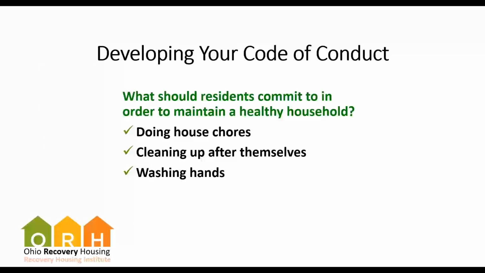So what are things that you want them to agree to do to make sure that home is well maintained and that everything is healthy for others? That means things like doing house chores, cleaning up after themselves, agreeing to wash their hands, and participating in basic hygiene, so that the entire household is safe and healthy.